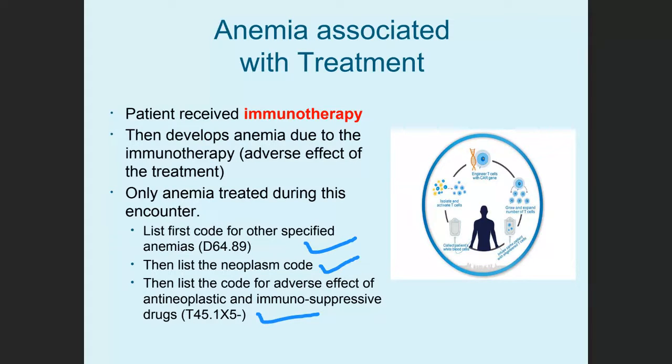Note that the anemia code is different than for chemotherapy. So for immunotherapy, you use D64.89. For chemotherapy, use D64.81. So these are very, very specific codes. Note again that the T45 code needs that final digit for encounter or sequelae.